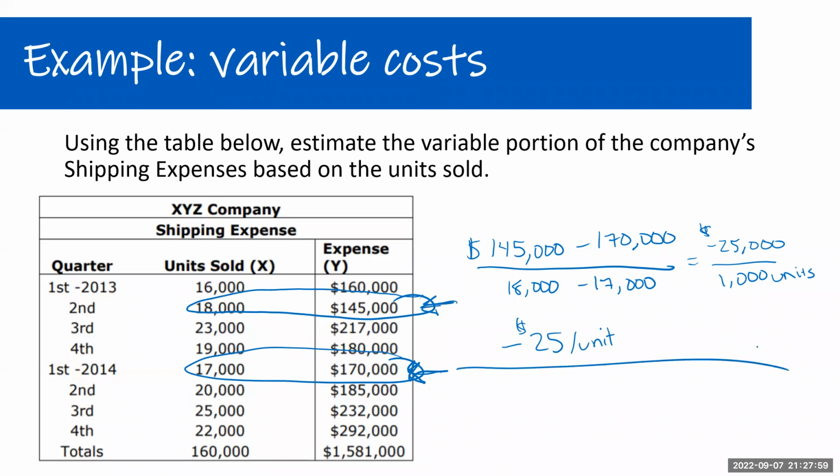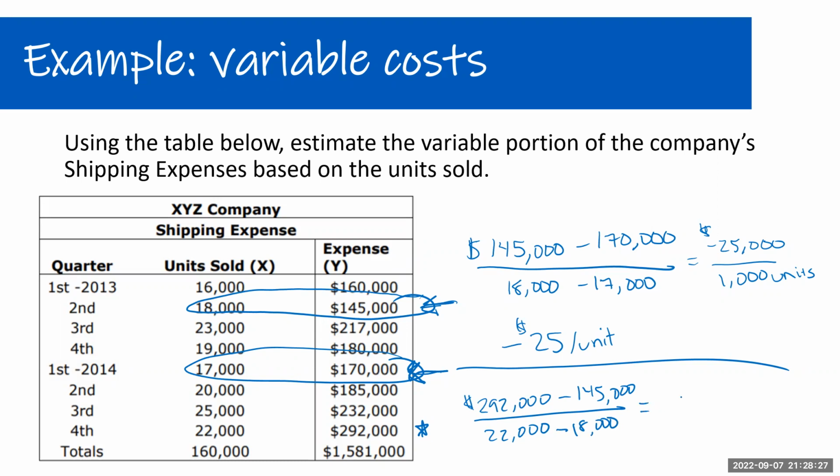But if I had picked two different points, this one and my original one, then I'd have 292,000 minus 145,000 over 22,000 units minus 18,000 units.